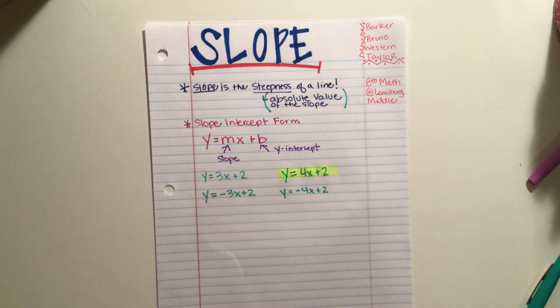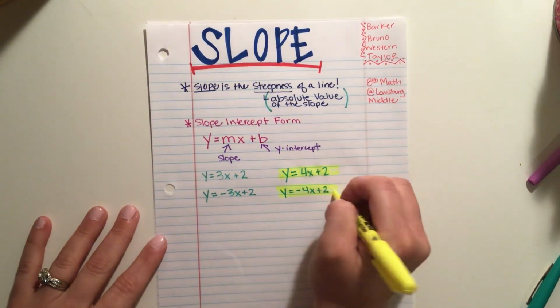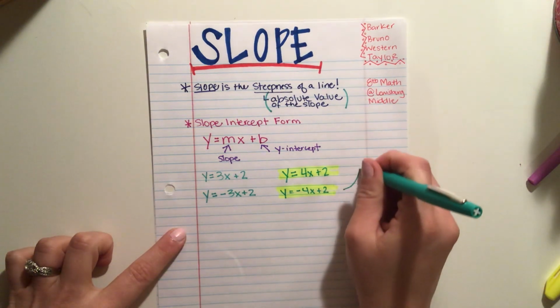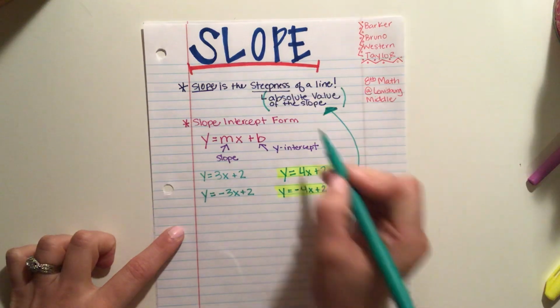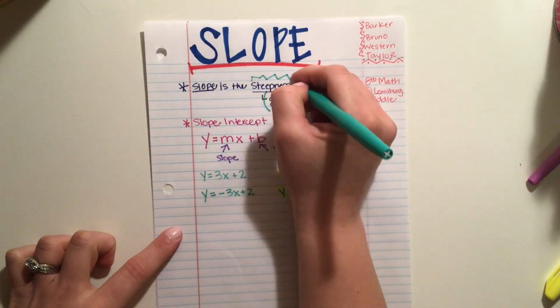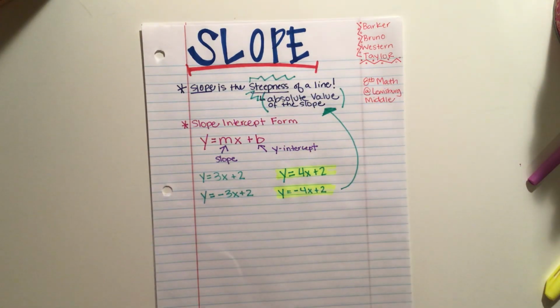In order to determine steepness, you take the absolute value. Let's draw an arrow back up here and remind ourselves the absolute value of the slope gives you your steepness. So if you ever have a question that says which linear equation is steeper, which slope is steeper, you're always going to look at absolute value.